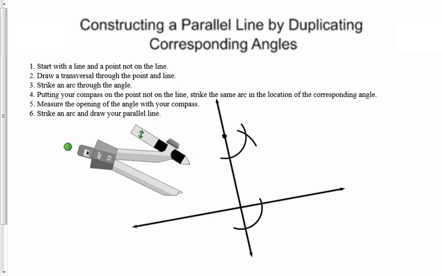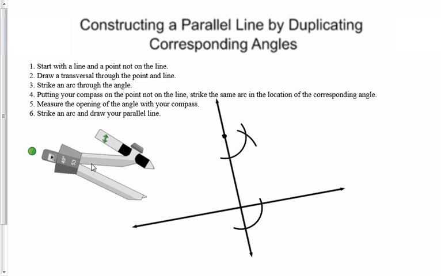I know that the intersection of those 2 arcs and the point that I started with is where my parallel line will go through. So I can draw my parallel line in, and there I've constructed parallel lines by duplicating corresponding angles.